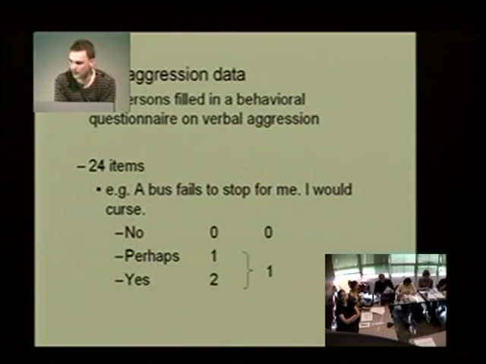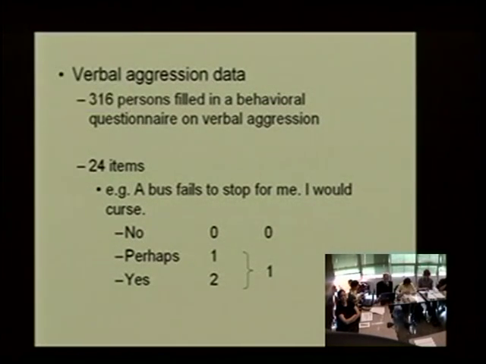And here's an example: a bus fails to stop for me, I would curse. The participants in the study could answer with no, perhaps, and yes, and no was coded as 0, perhaps as 1, and yes as 2. But we will only look at the dichotomized versions of the data.